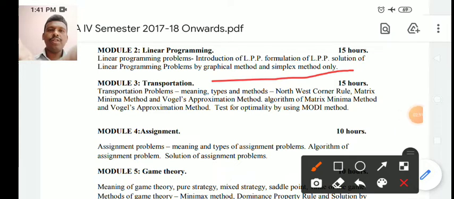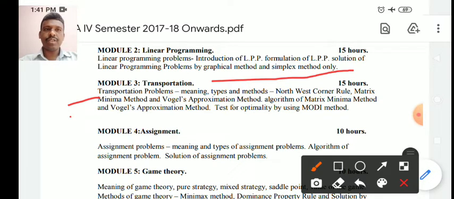Now under module number 3, transportation, we are going to study different methods of transportation. The transportation problem is divided into two phases. The first phase is finding the initial basic feasible solution, and the second one is optimization. We are going to study both phases. First we'll understand what is a transportation problem, its meaning and types.